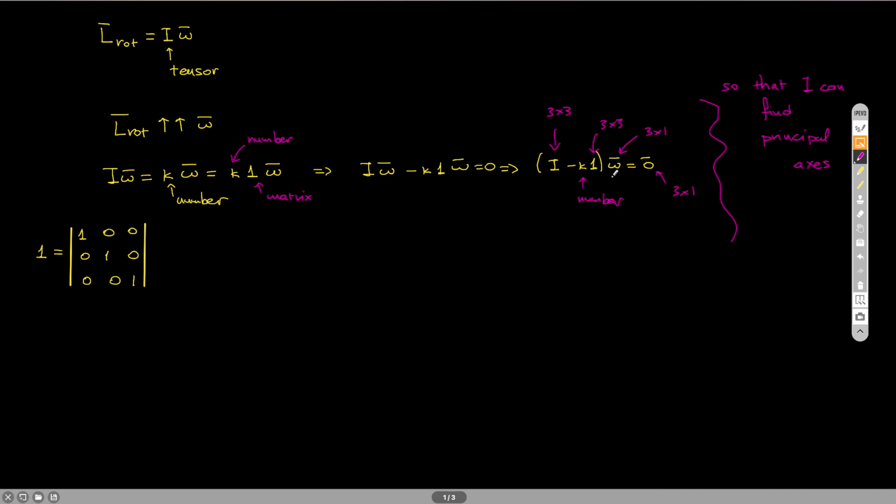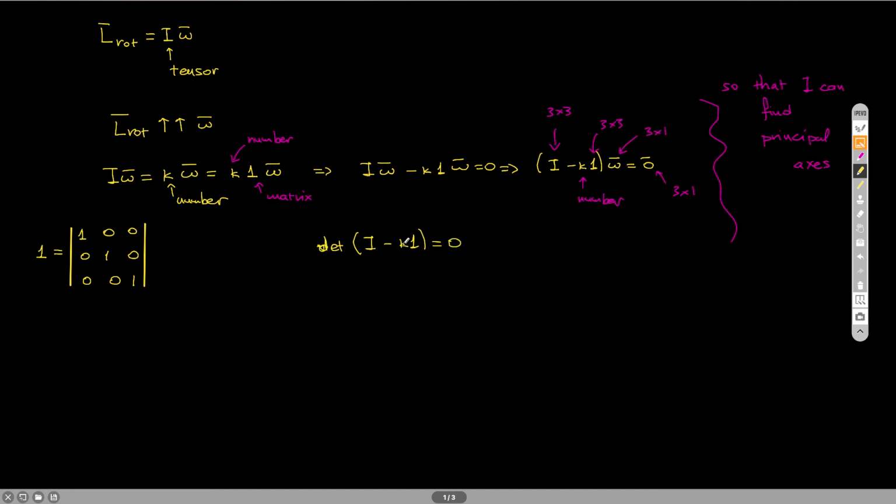Now, in order to solve for omega, which will give me the principal axis, it needs to be true, and this is something we know from linear algebra, that the determinant of the 3x3 matrix I minus k1 needs to be 0.